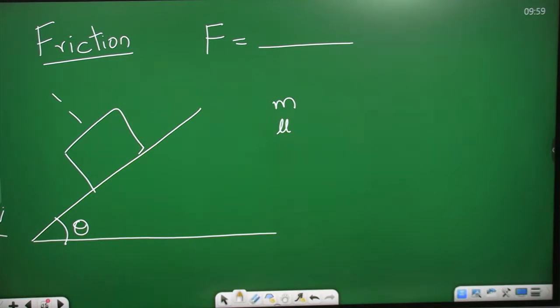So Mr. Sidhu, hi. So we have Shahid saying it opposes the motion. Okay, you are right. Friction is something that opposes, not motion, but relative motion between any two bodies. So try to resolve the block that is on the plane, and we will be working on it, okay?